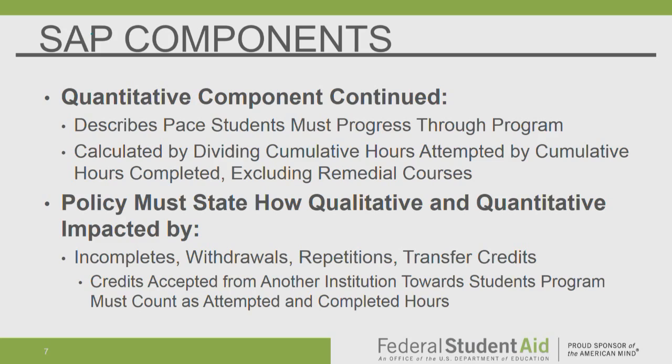So your policy has to state how qualitative and quantitative information is impacted by incompletes, withdrawals, repetitions, transfer credits, and credits that are accepted from another institution toward the student's program. Those have to be counted as attempted and completed hours.